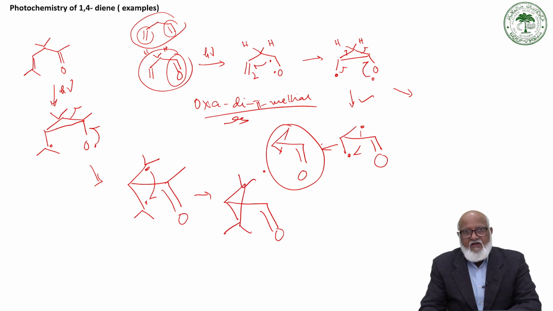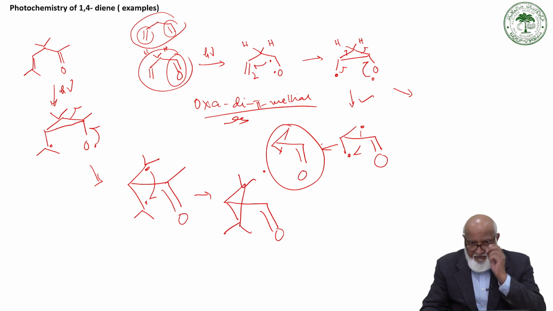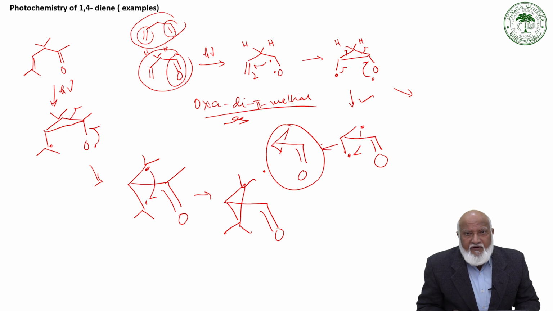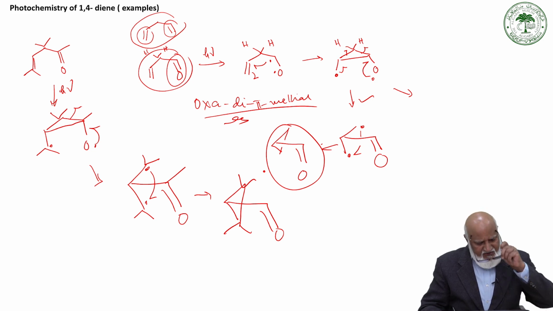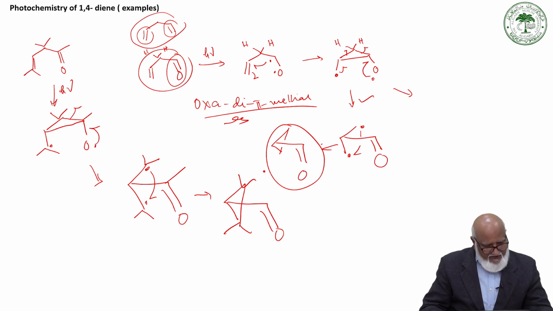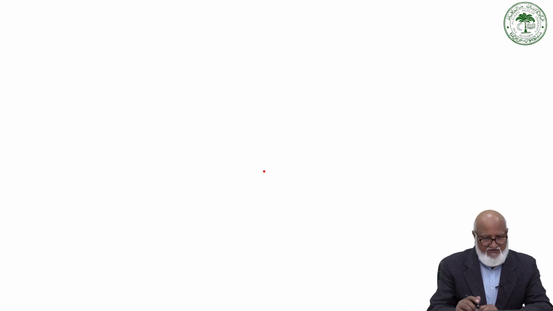We can see that only the exclusive product is formed, although the cyclopropane ring is highly substituted. So we have the di-pi-methane rearrangement, and we have the oxa-di-pi-methane rearrangement if one of the pi bonds is substituted by a carbonyl.